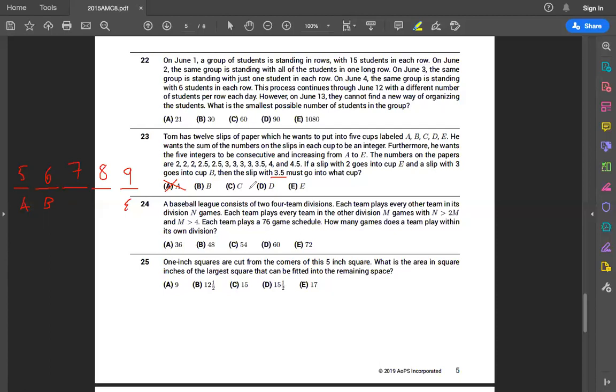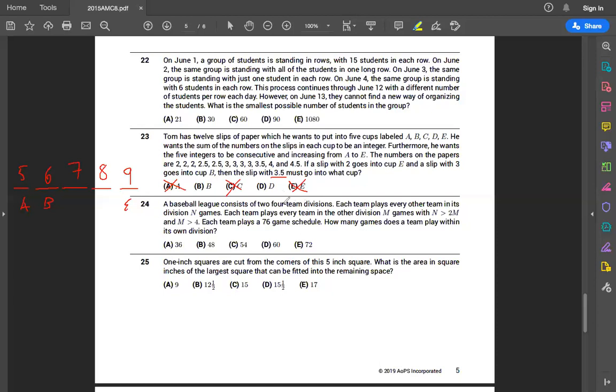Now let's look at C. If a 3.5 goes into C, then we would need another 3.5, or 2 slips that add up to 3.5. Well, neither of those are possible, so C is definitely wrong. And since E has to have a 2, the rest of cup E adds up to 7, which is the same as cup C. So that also doesn't work.